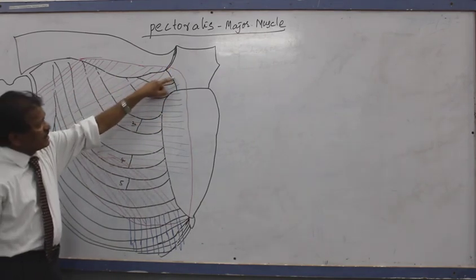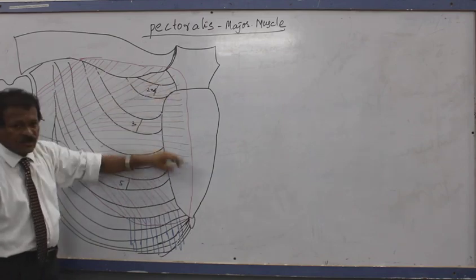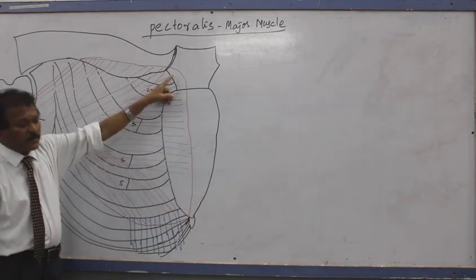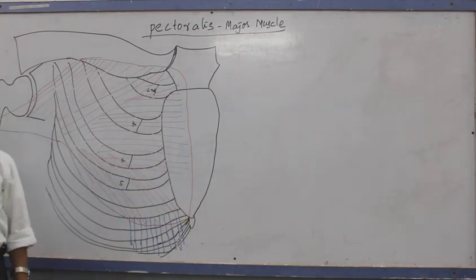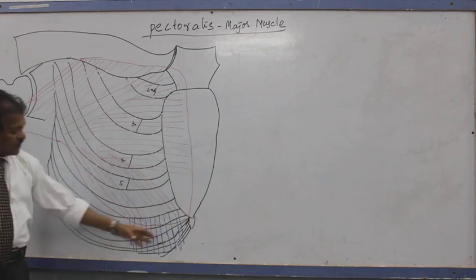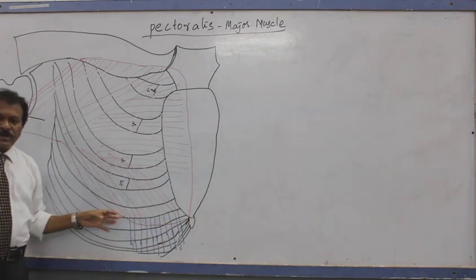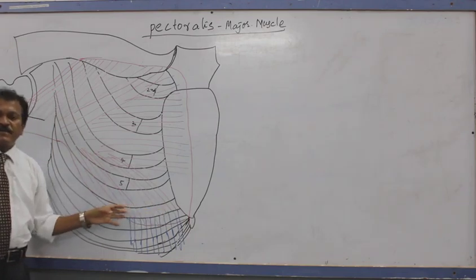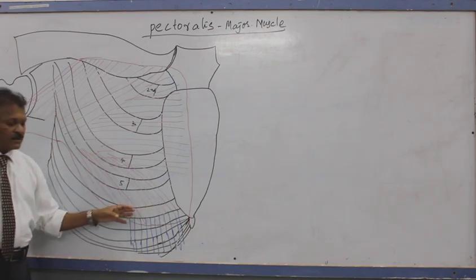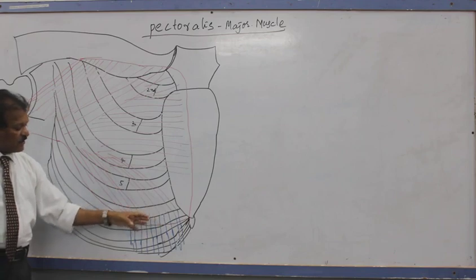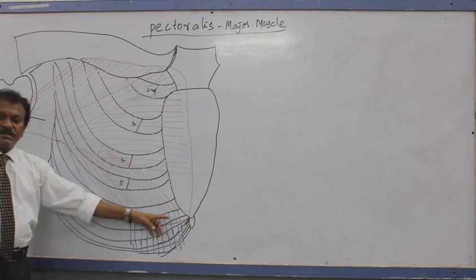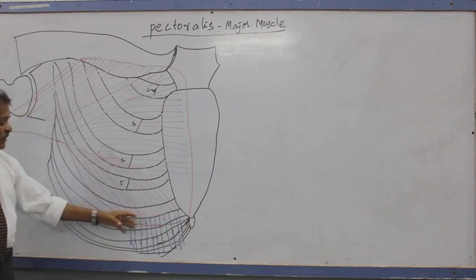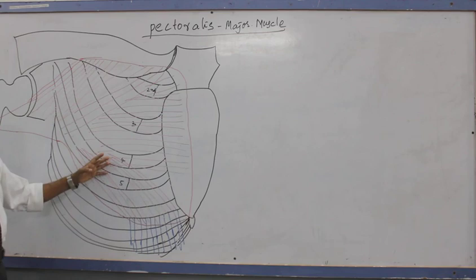They arise from the lateral half of the anterior surface of the sternum, the body of the sternum, and also the xiphoid process. And the abdominal fibers, or inferior fibers, arise from the superficial surface of the aponeurosis of the external oblique muscle, and they ascend upwards, forwards, and laterally, and they form a very long tendon.